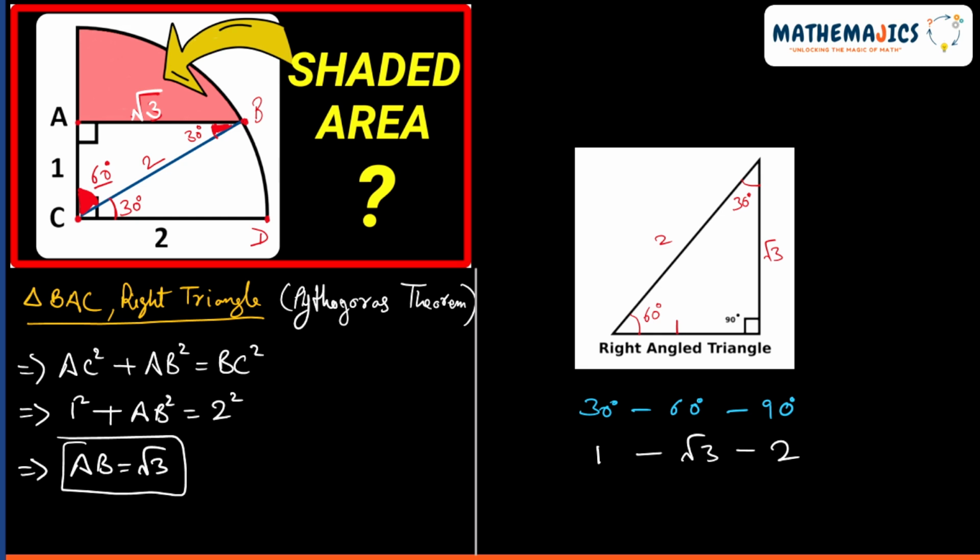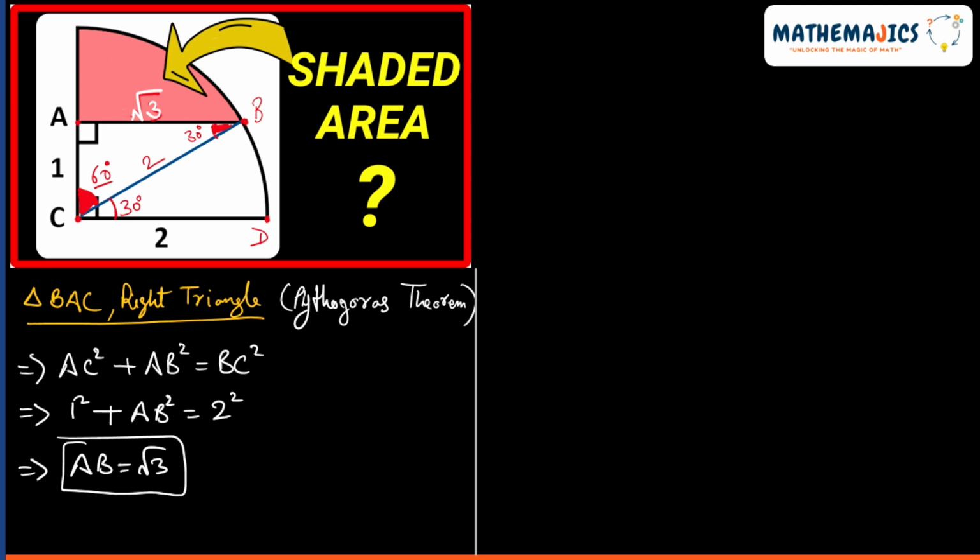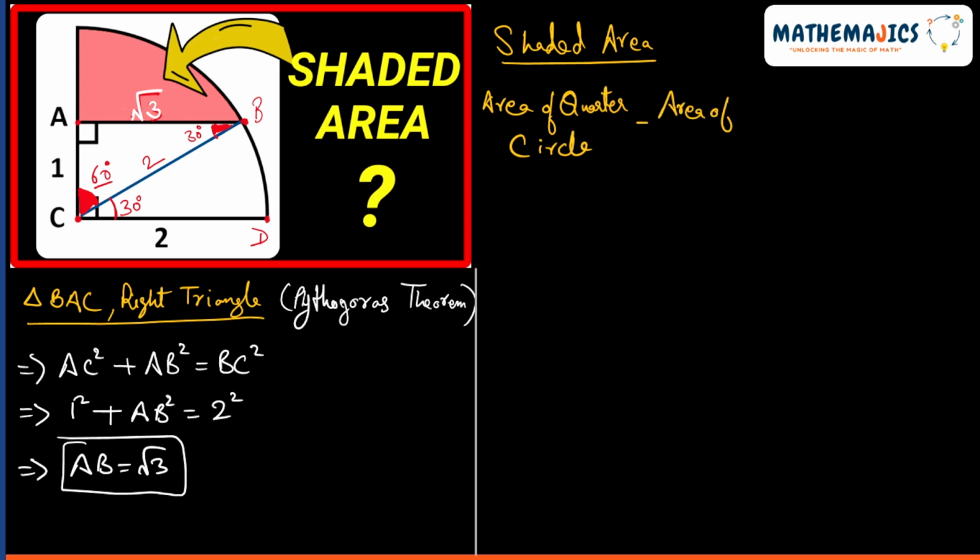Okay. Now let's see how we can find the shaded area. To find the shaded area, we can first find the area of quarter circle and we can subtract the area of right triangle BAC from that, and we can also subtract the area of sector BCD, correct?